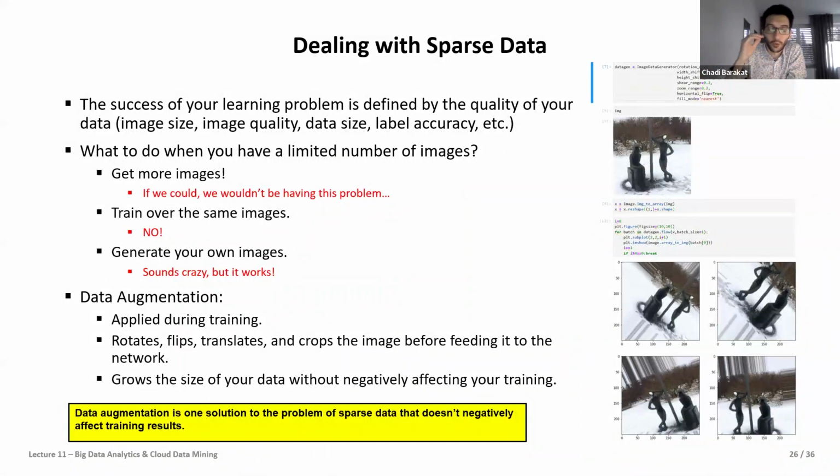So you always need to have images that are random, of many different classes. Never train on the same image more than once. If you have access to more images, great. You have solved the problem of data mining, but in most cases, you don't have access to a lot of images. So what you can do is generate your own images.